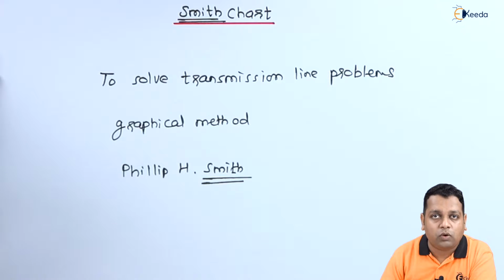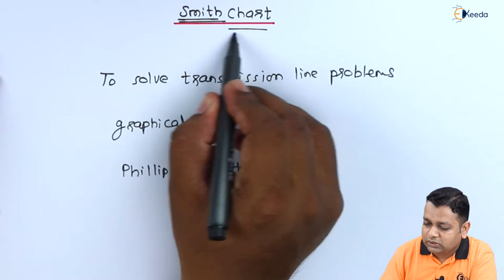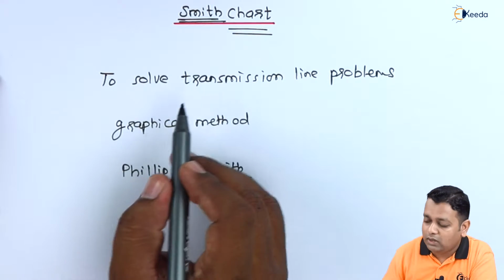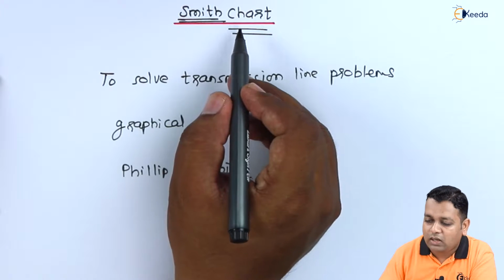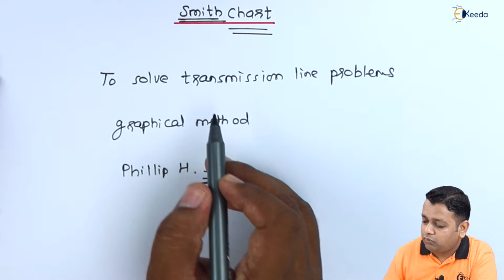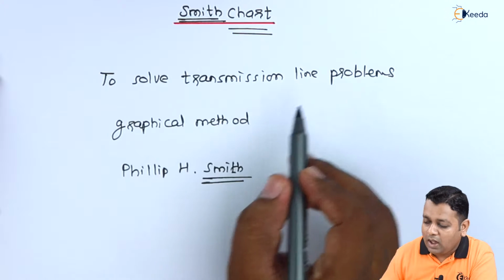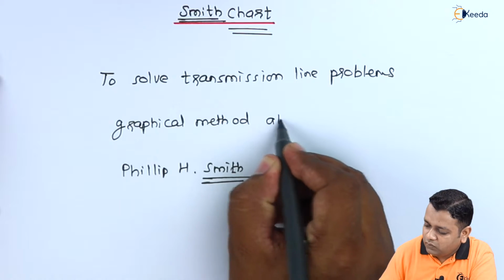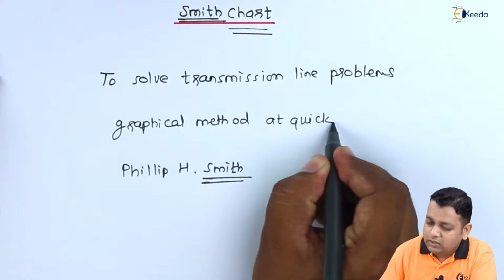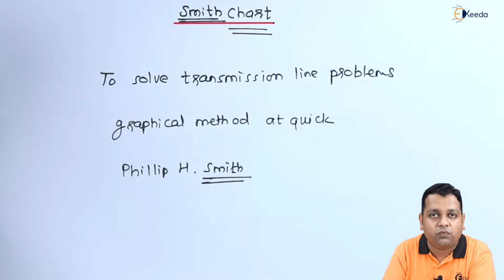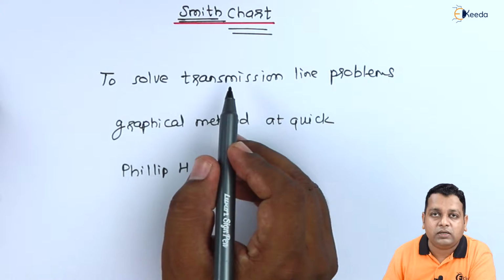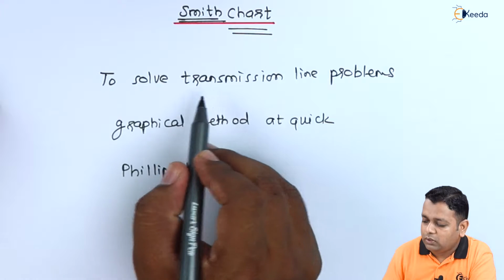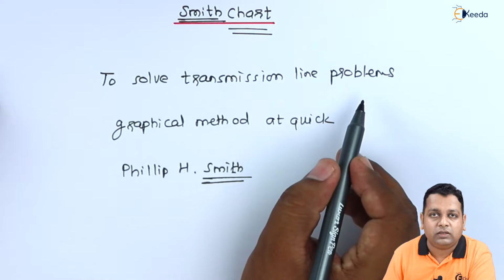The ranges of those parameters are already there on this chart. So this graphical method arrives at the solution for transmission line problems quickly, with very few steps. A fast answer can be determined with the help of the Smith chart. That is why it is very popular in the domain for solving transmission line problems.